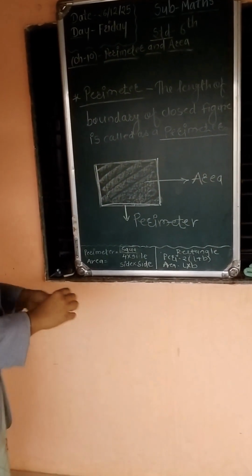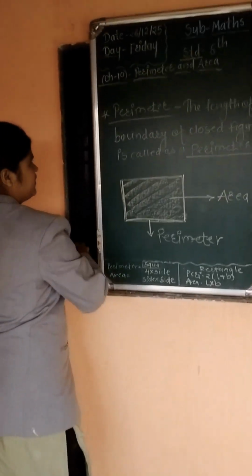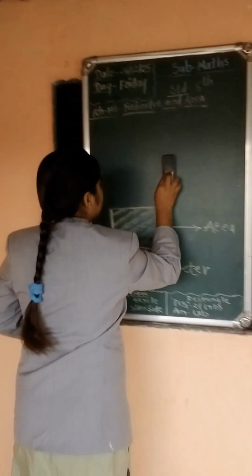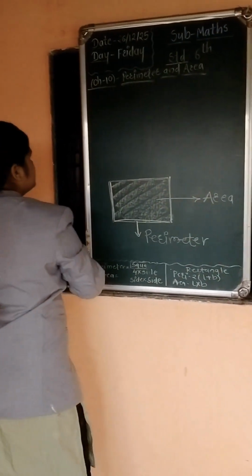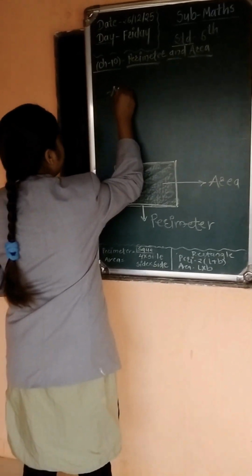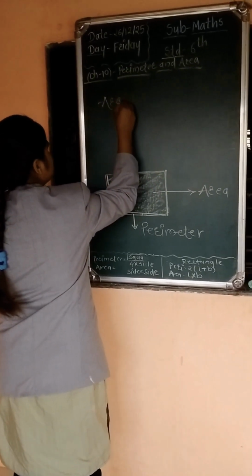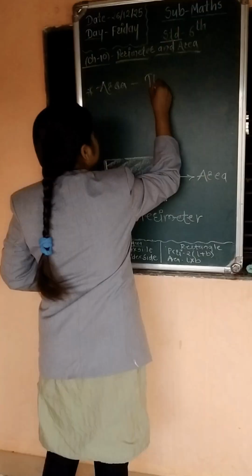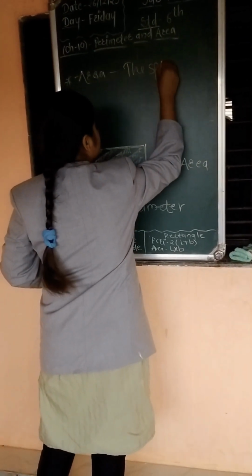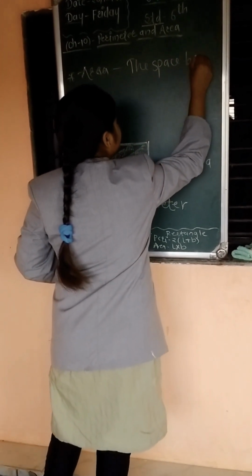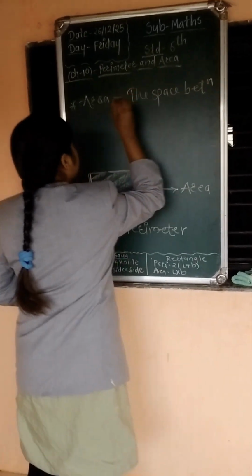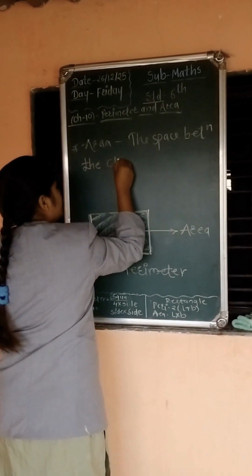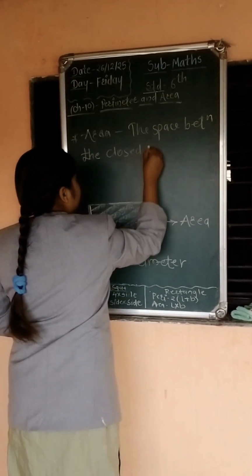Understood? So now we are defining the area. What is area? Area means the space between, write down in your notebook, the space inside the closed figure.